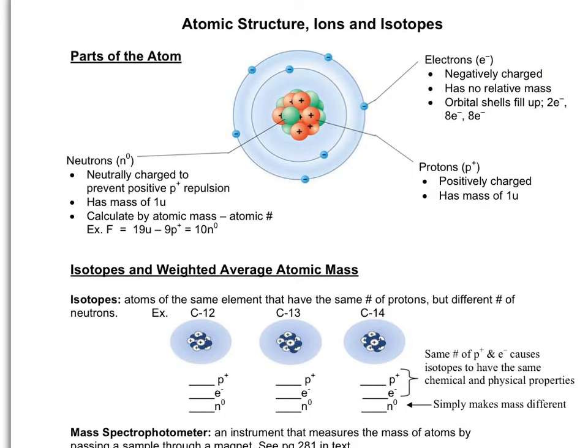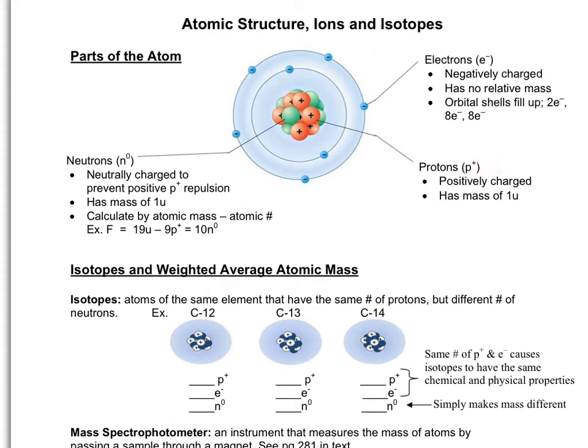You probably remember from previous science classes that atoms are made up of 3 different parts called subatomic particles. One part is called a proton. The short form, instead of writing the word proton all the time, is just writing a P with a positive sign.